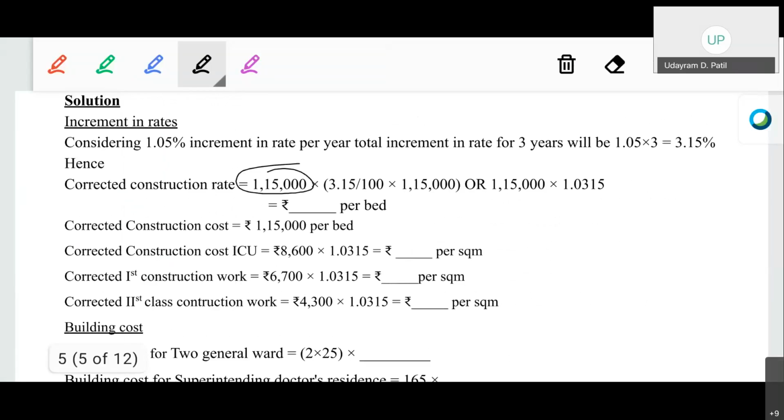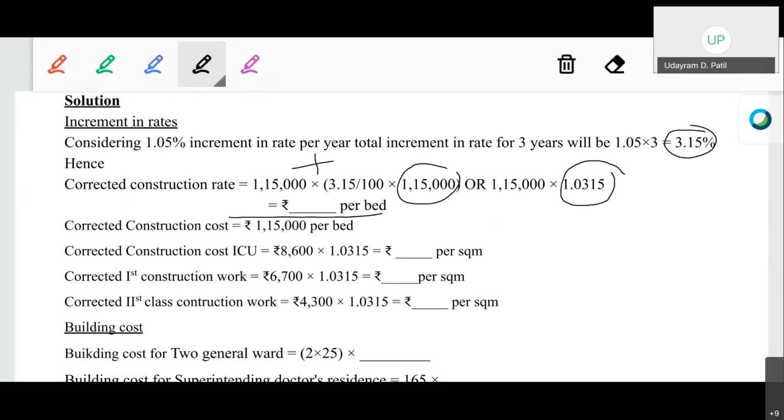So 1,15,000 plus 3.15% of the 1,15,000, or you can directly calculate the whole increase, the direct corrected rate, by multiplying it with 1.0315. Okay, you can use either of the two.